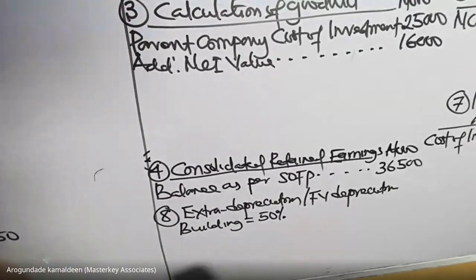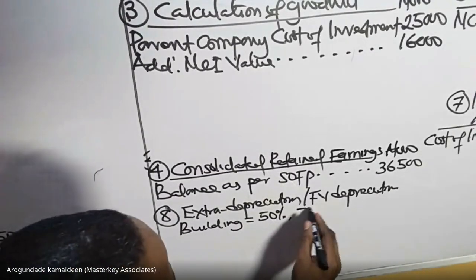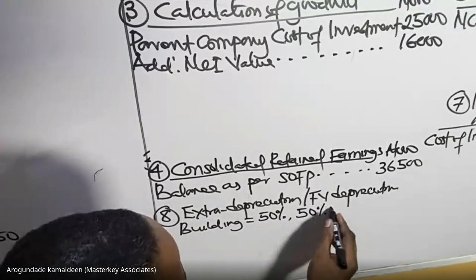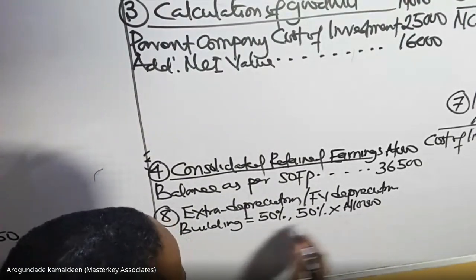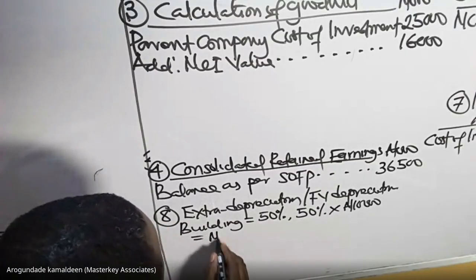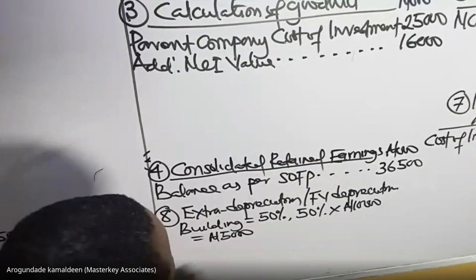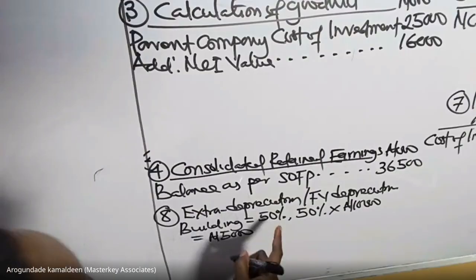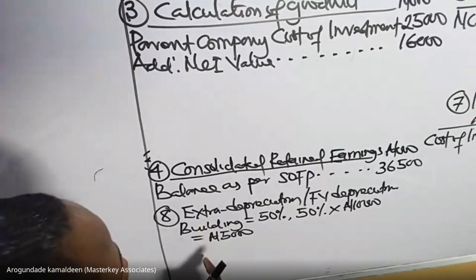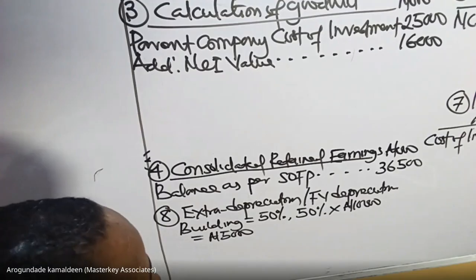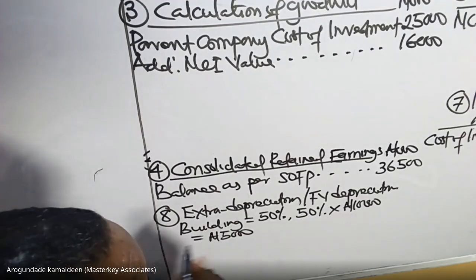So that is 50% of the 10, which is 5 million. Half of the total fair value gain is for the building. Land is not depreciable.